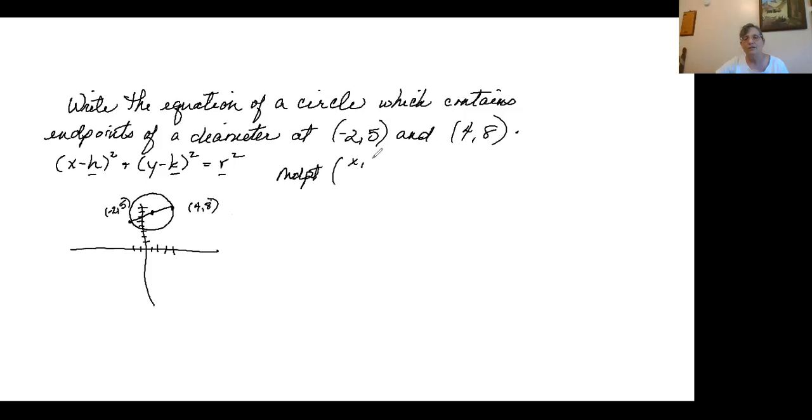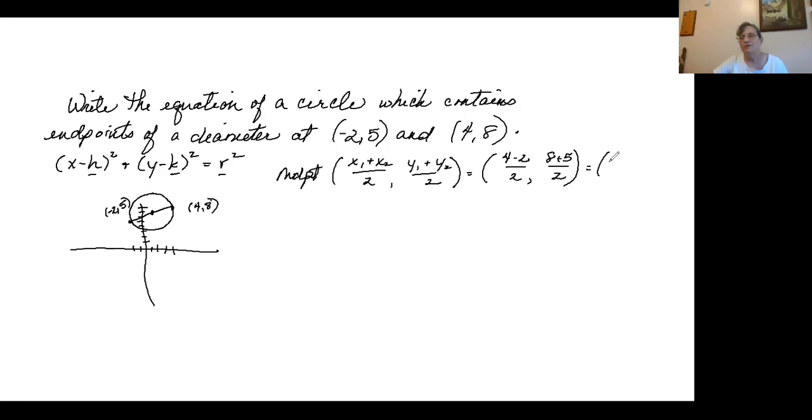Our midpoint formula is average the x's and average the y's. So we've got 4 plus a negative 2 divided by 2, and 8 plus 5 divided by 2.